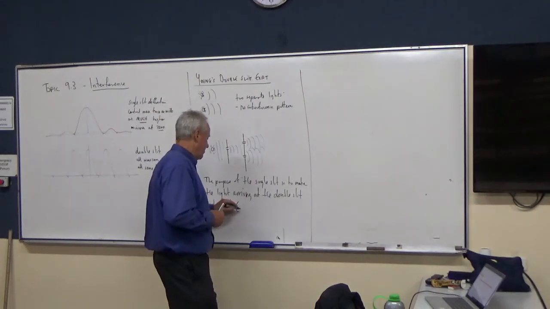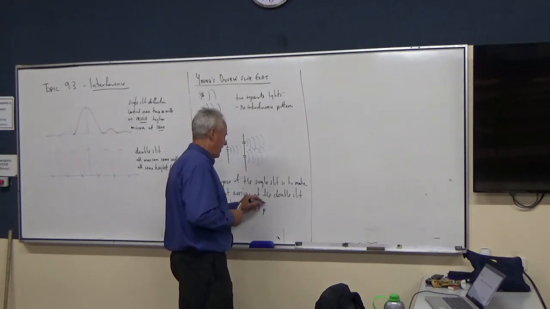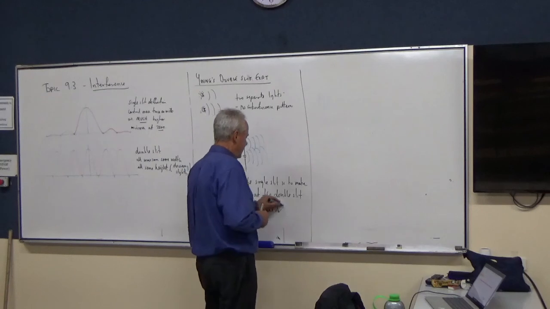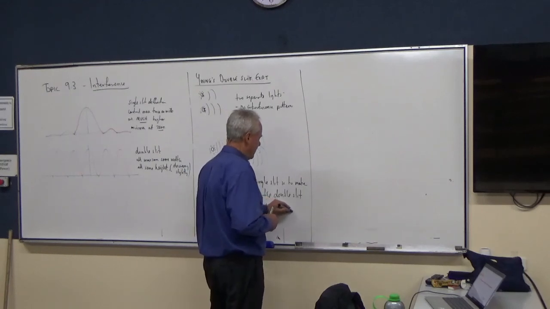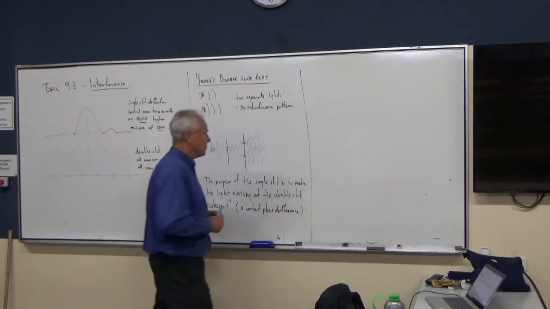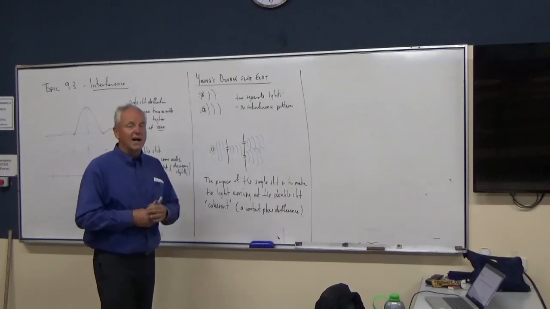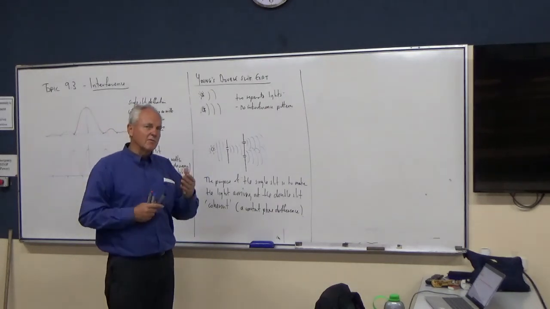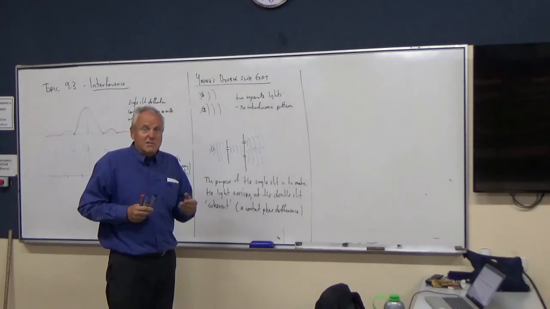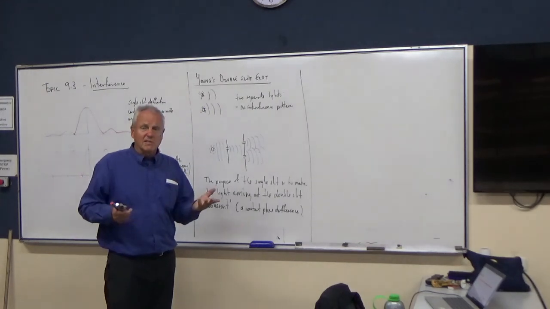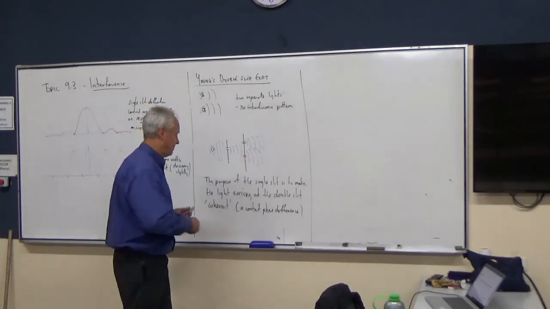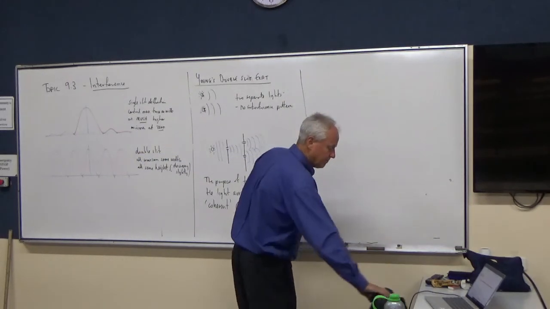So coherent means a constant phase difference. Now we're normally assuming that these two waves are generating the waves together. Not necessarily the case, but it doesn't really affect what's going to happen.